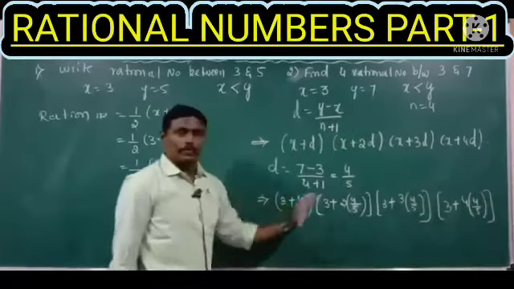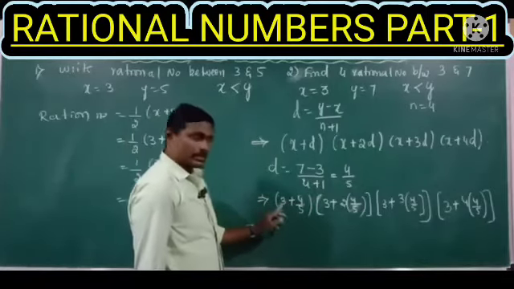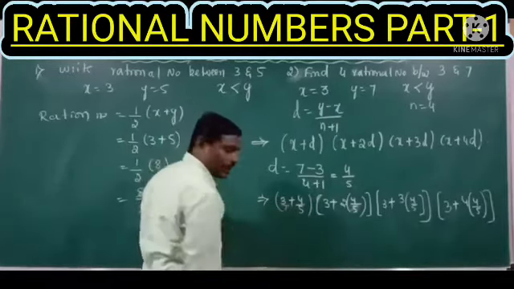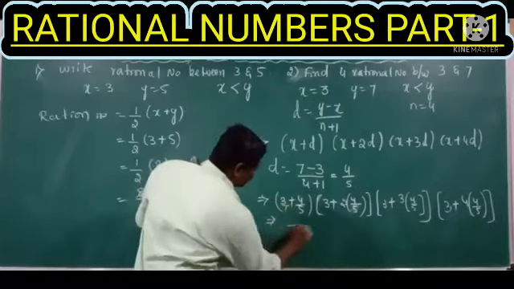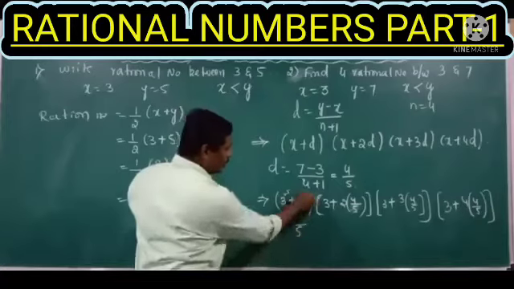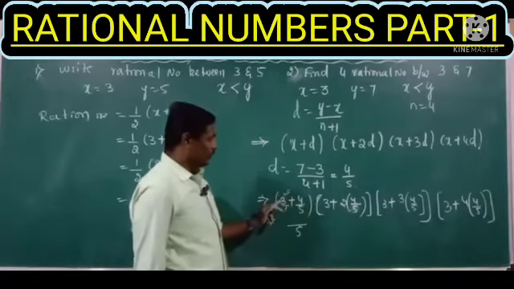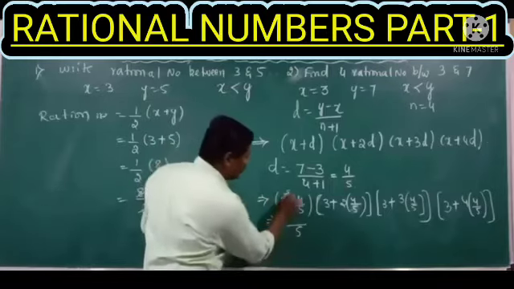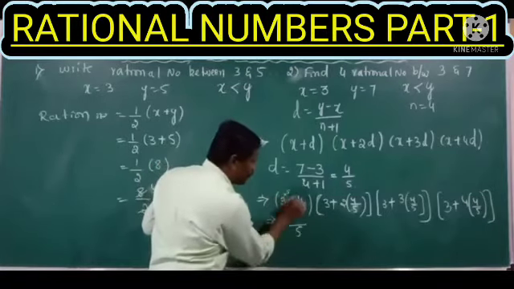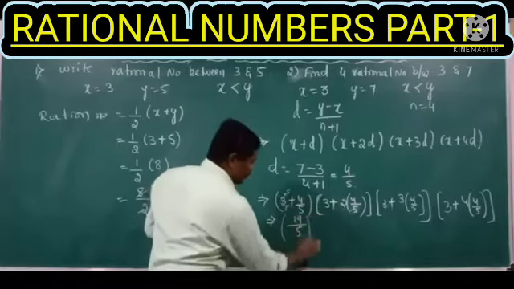So just simplify, and we will get the rational numbers. Here what's the LCM? 5, because the denominator is always 1, right? So 5 means what you have to multiply? 5 3s are 15, 15 plus 4 is 19. This is the first rational number.